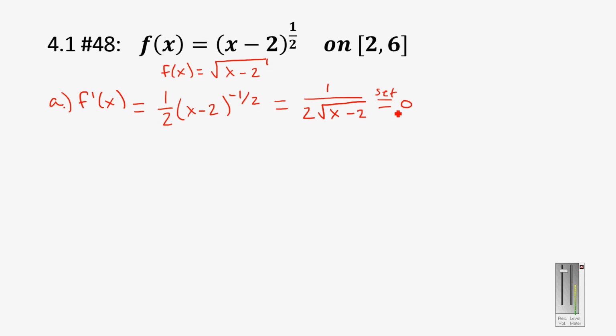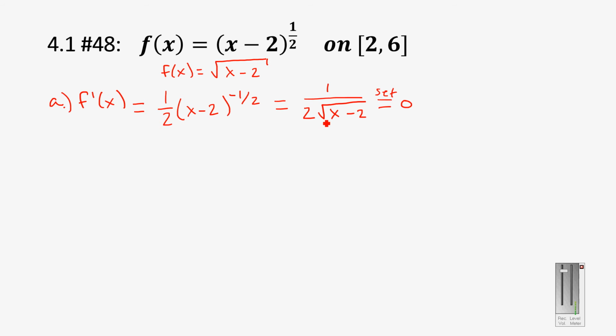So I need to ask myself, what can I plug in to x to get 0? Well, I could put a 2 in here. 2 minus 2 is 0. Square root of 0 is 0, times 2 is 0.